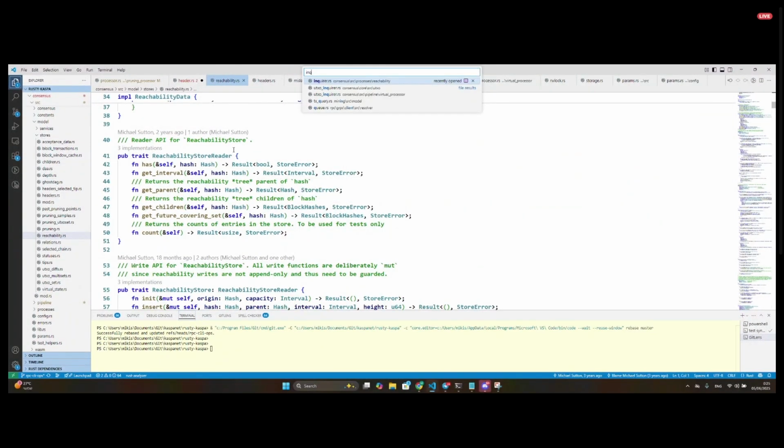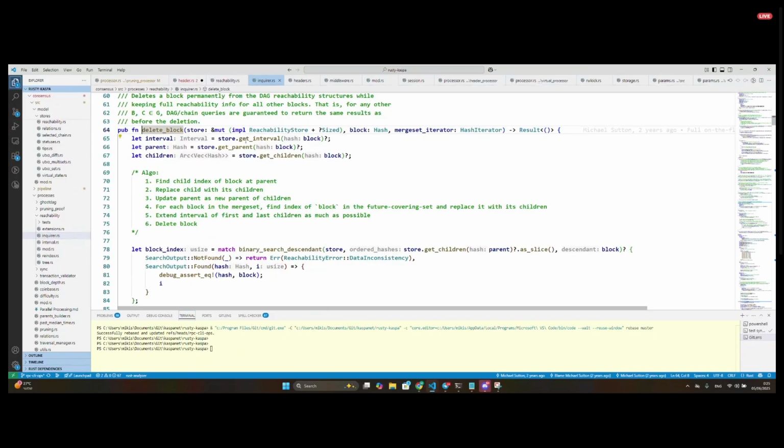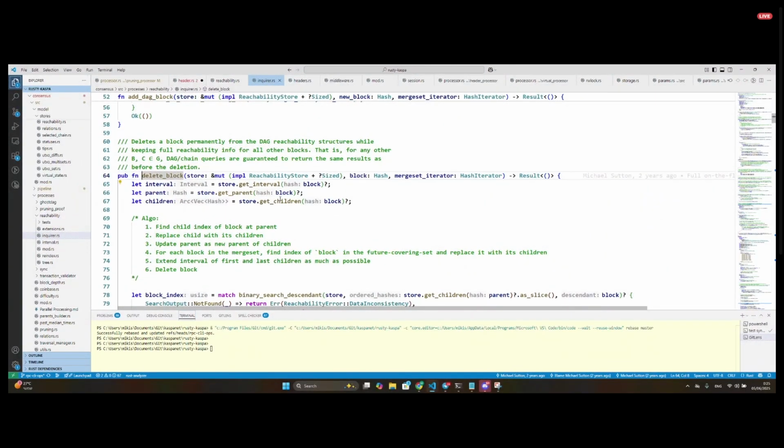All the reachability algorithms operate on an abstraction of the store. So there's a complete separation of the algorithmic logic. The interface of the store was designed so that the algorithm logic can rely on the interface very accurately, and it can operate very precisely.